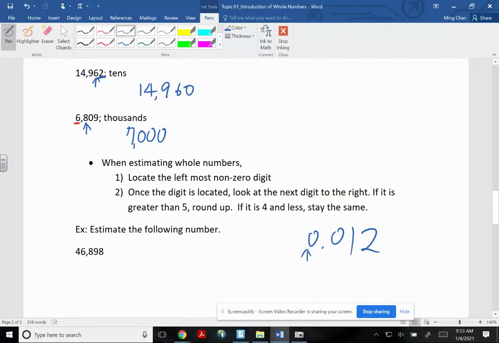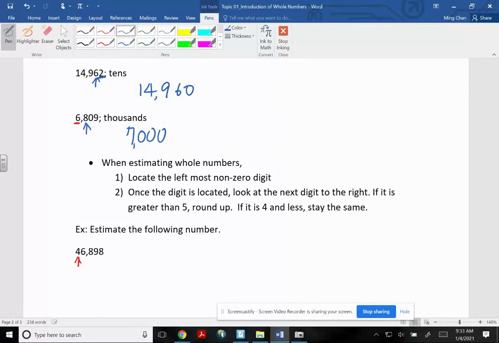You know what I'm saying? So that's why the proper way of saying it here is locate the leftmost non-zero digit. In the example 0.012, the leftmost non-zero digit is the 1.